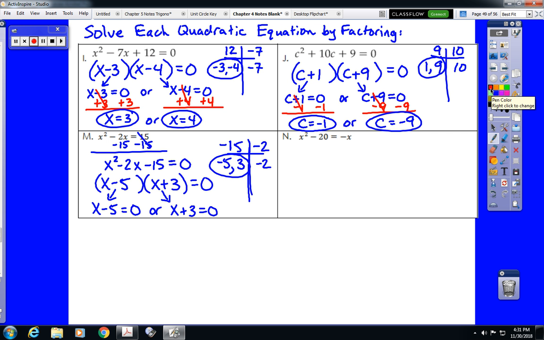And then we're going to solve. So plus 5 on each side for the first equation gives us x equals 5 for our first solution. X plus 3, we would subtract 3 from each side, which would give us x equals -3 for our second solution.